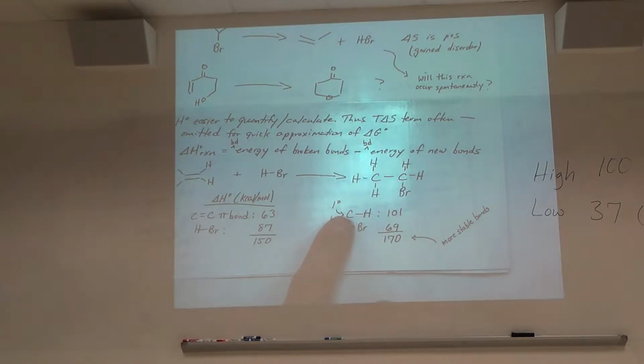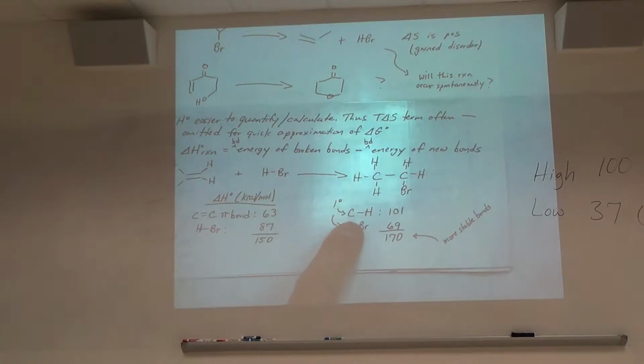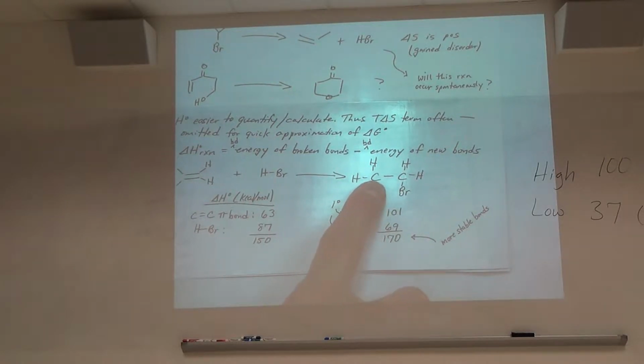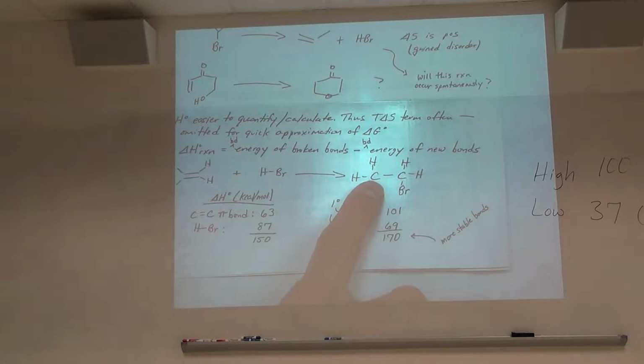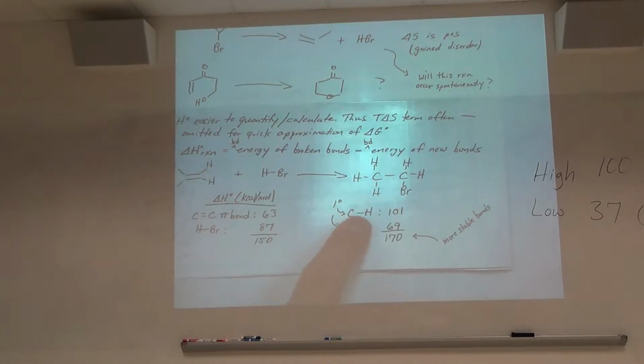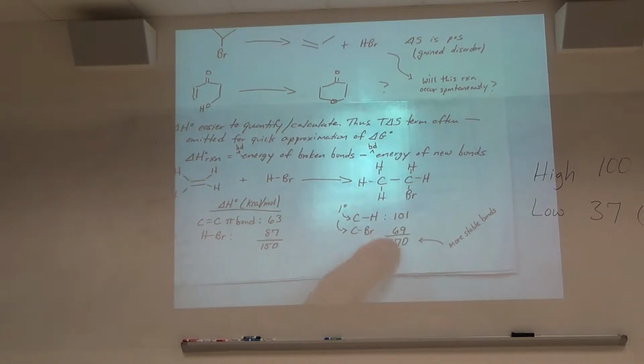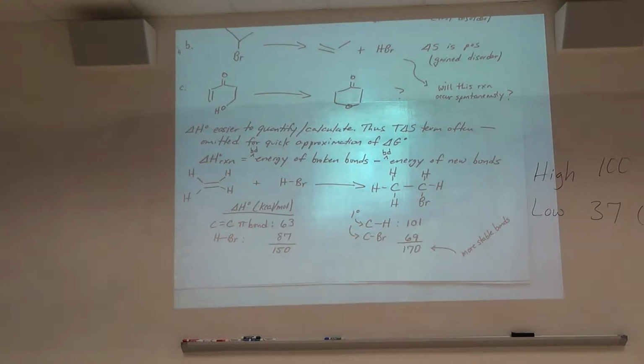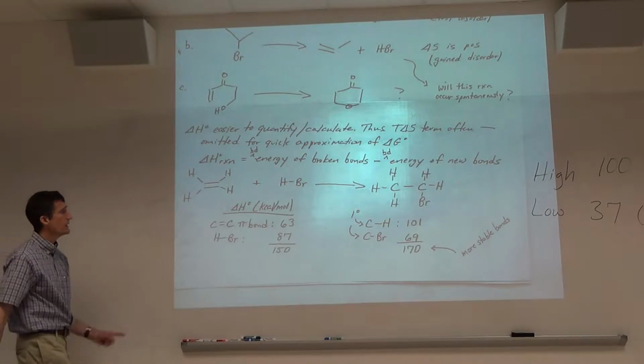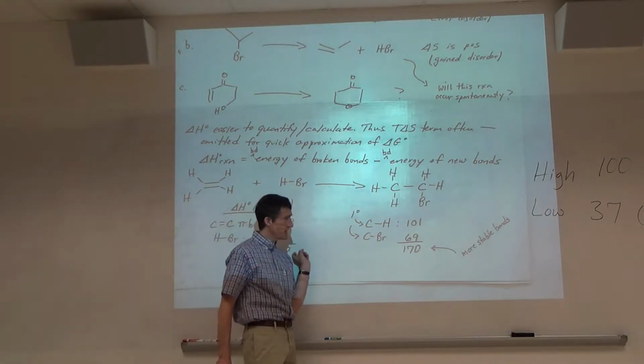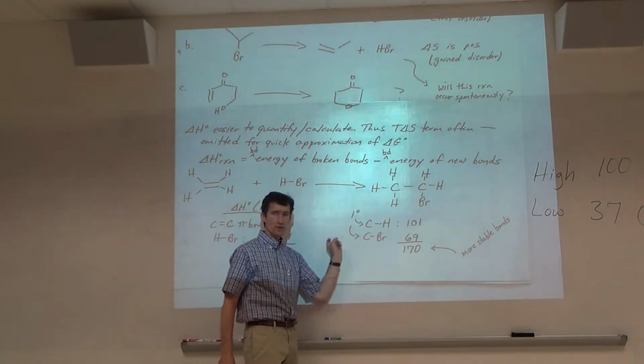Probably the table I got it from distinguished carbons between primary, secondary, tertiary. And that carbon there is what type of carbon? Primary, so it's a primary carbon CH bond. That's what was formed. Were any other bonds formed in this reaction? No. Okay.